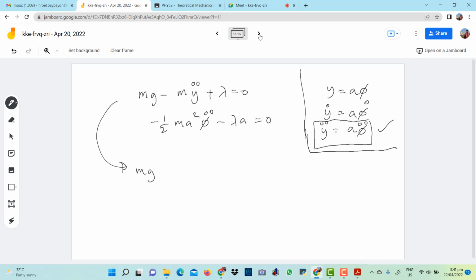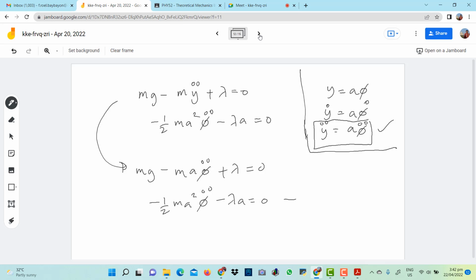I get mg minus m a phi double dot plus lambda equal to 0, and then the other one is minus 1 half m a square phi double dot minus lambda a equal to 0. So the goal is to solve for the lambda first. Okay, solve for the lambda.